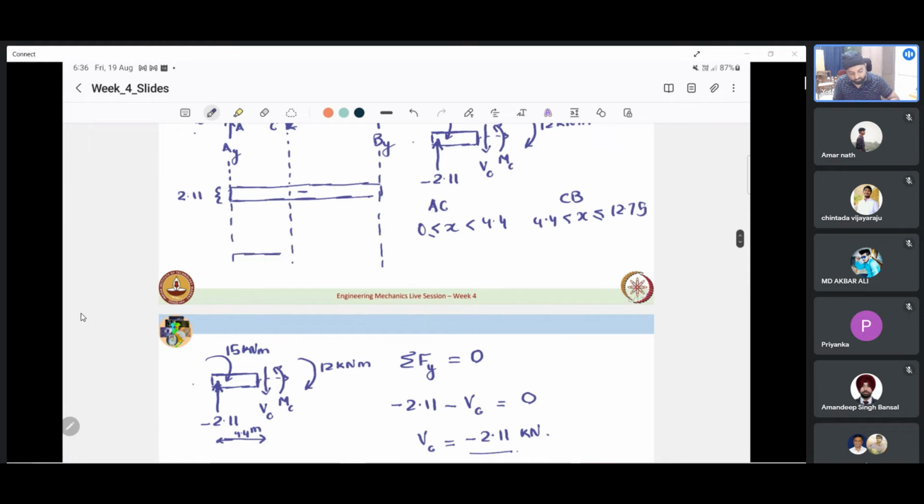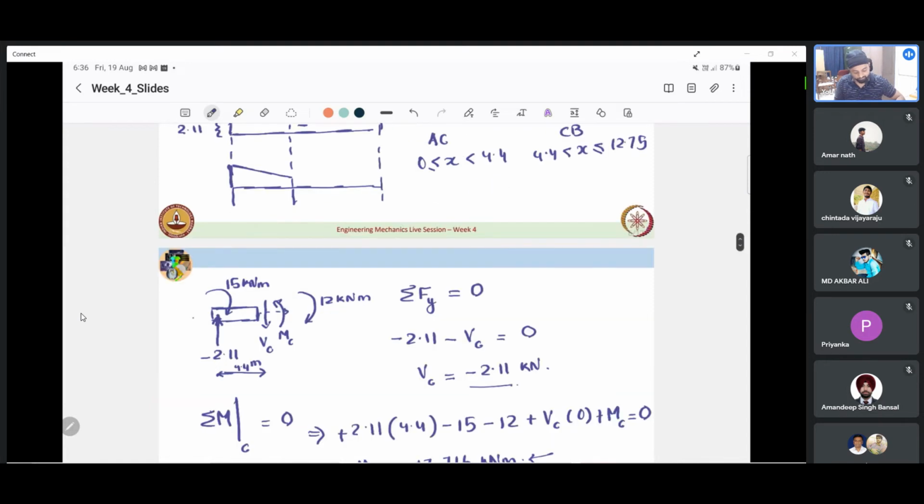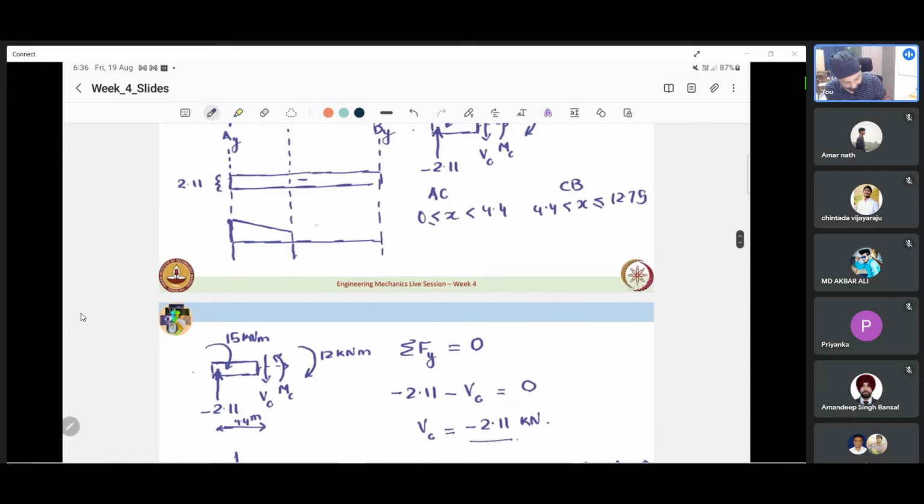Now, if we consider at C, the moment at B is 15. So it comes down like that. And then we add up 12 and it will go to 17, if you consider it like this.